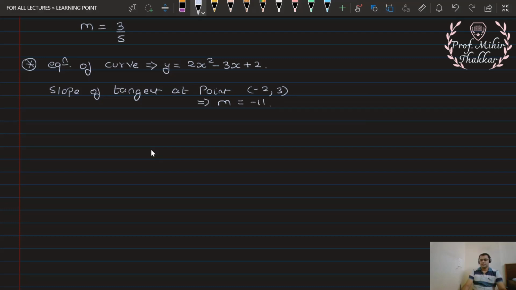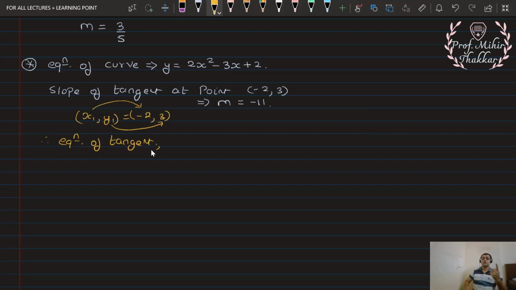Now see guys, the tangent is passing through the point minus 2 comma 3, so I can assume that x1 comma y1 is minus 2 comma 3. So my x1 value becomes minus 2 and y1 value becomes 3. So I can say that the equation of tangent, by which method?